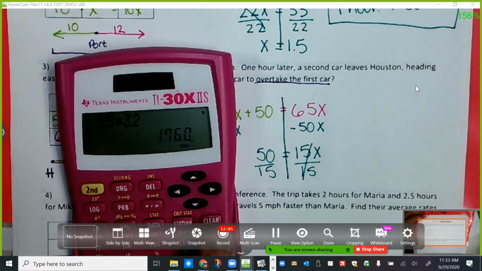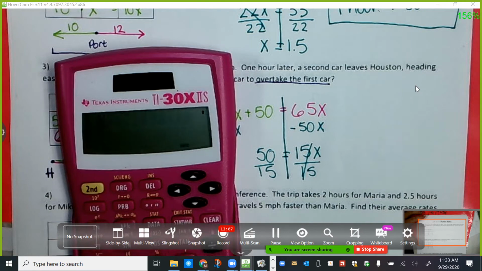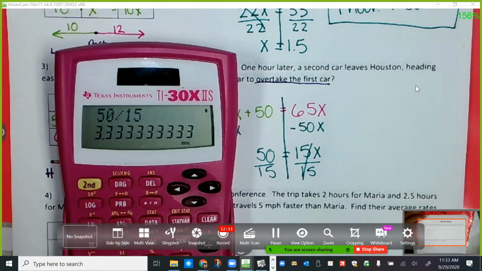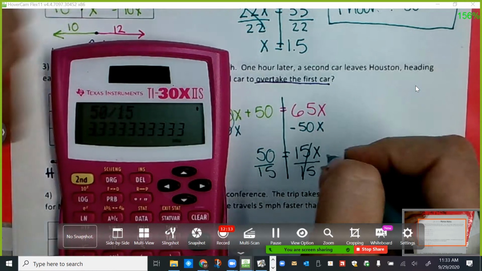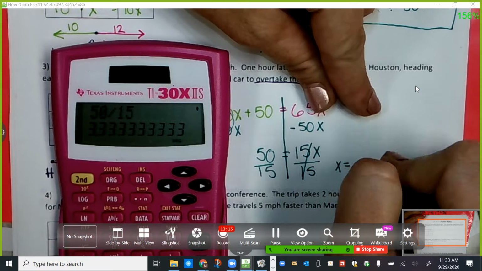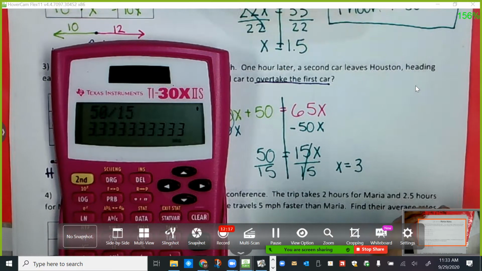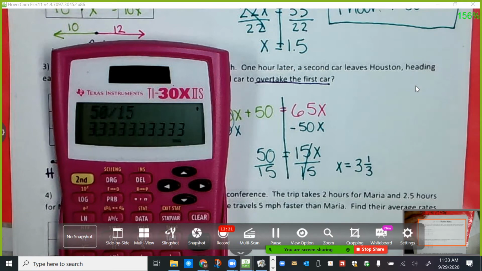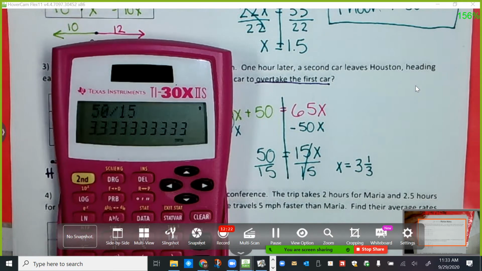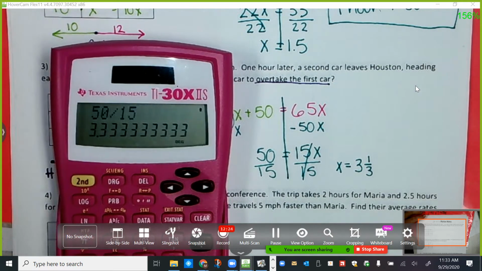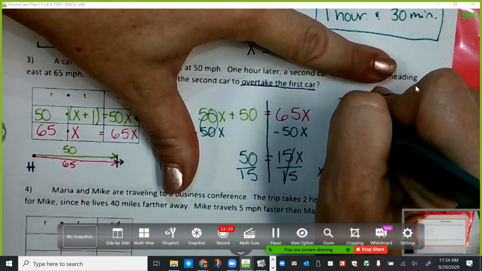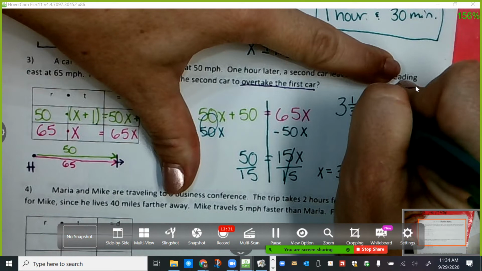Okay, so we know 50 divided by 15. What is that as a fraction? 3.33333. It's repeating. It's a fraction. It's a pretty fraction, actually. Does anybody know? It's 1 over 3. Okay, so we could write 3 1/3 hours.